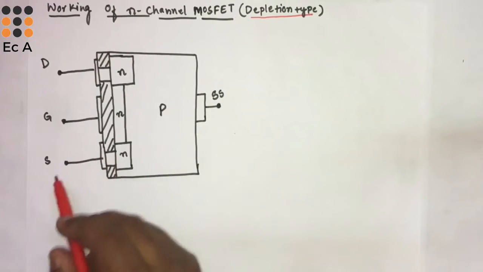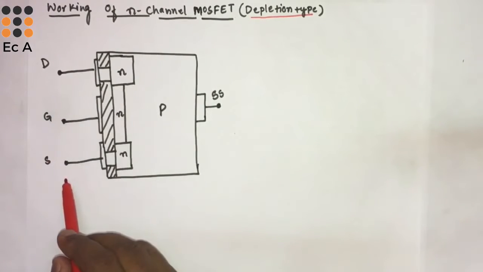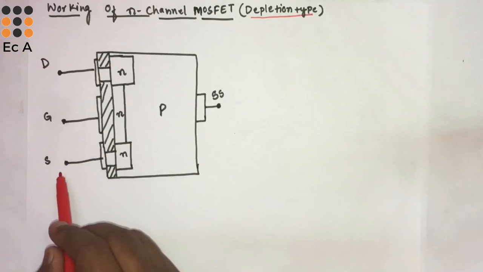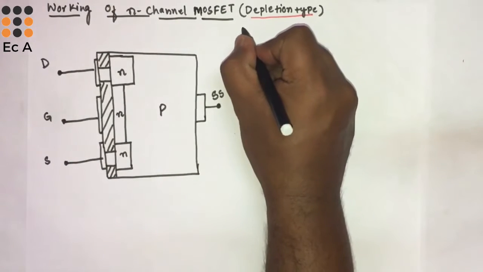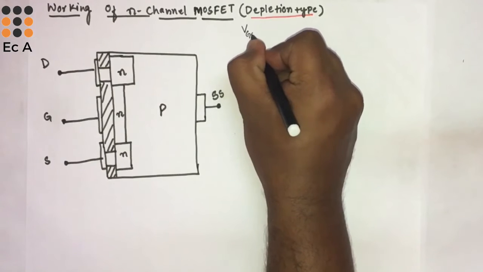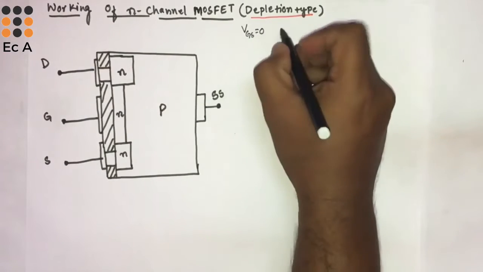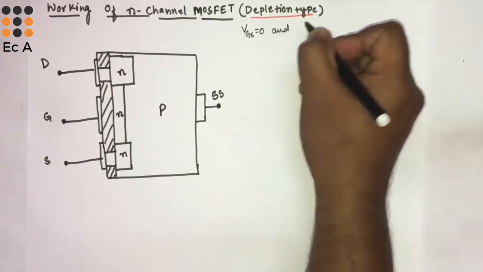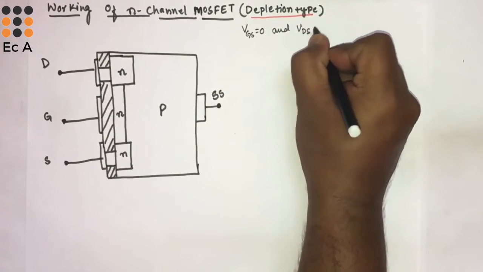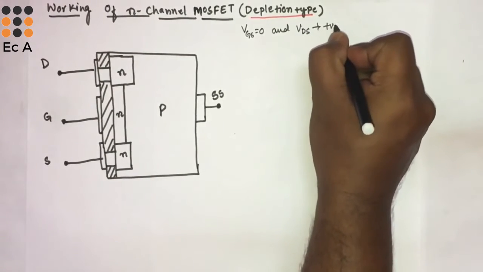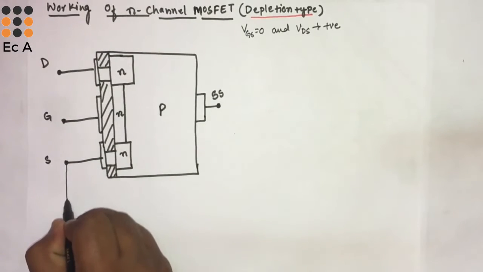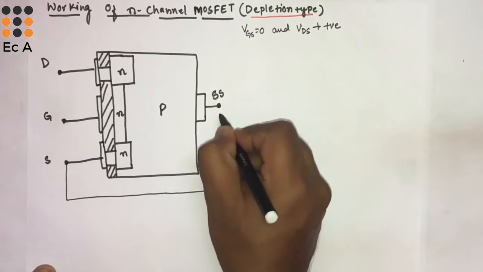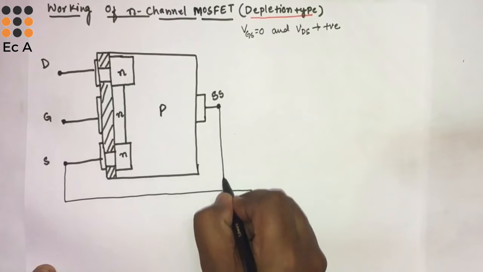Now let us connect voltage between drain and source as well as gate and source. Initially we will take the voltage between gate and source, VGS, as 0, and we will take VDS as some positive voltage. We know the source and substrate are internally connected.